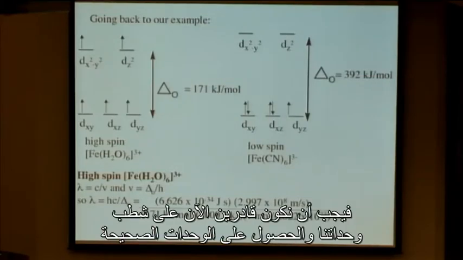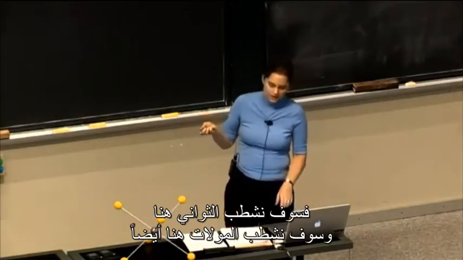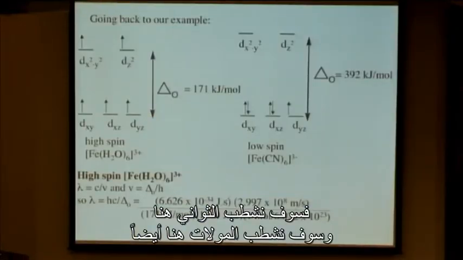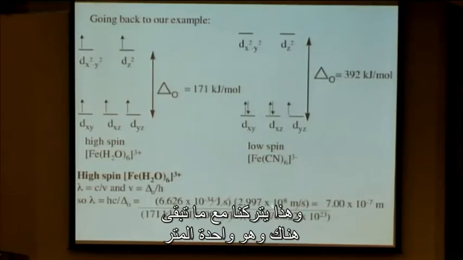So now we should be able to cancel our units and get the correct units. We should be able to cancel the seconds over here, and cancel our moles. We should be able to cancel the joules and the kilojoules out, and that should leave us just with meters.